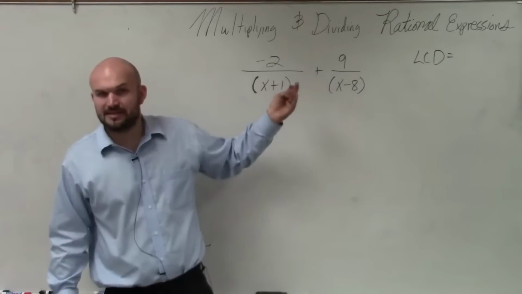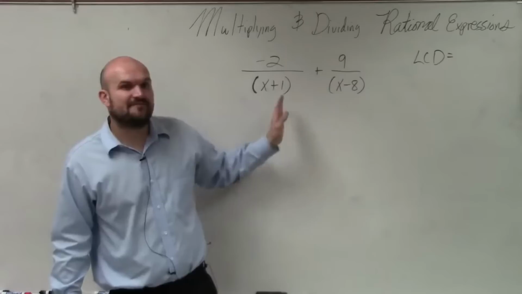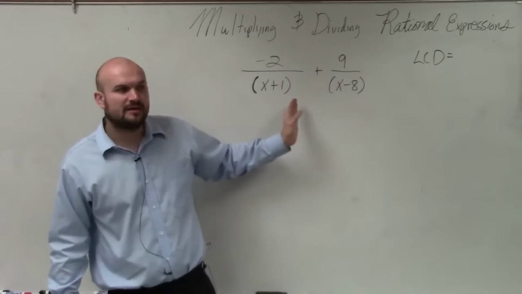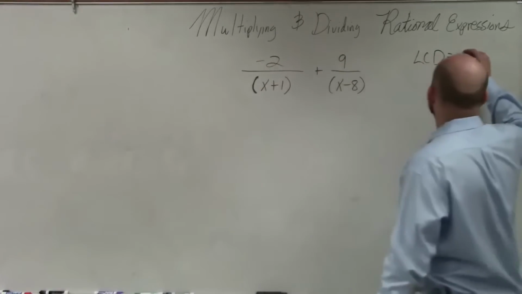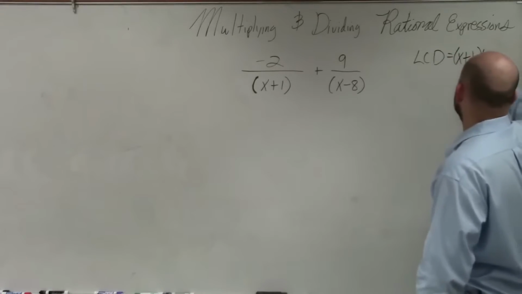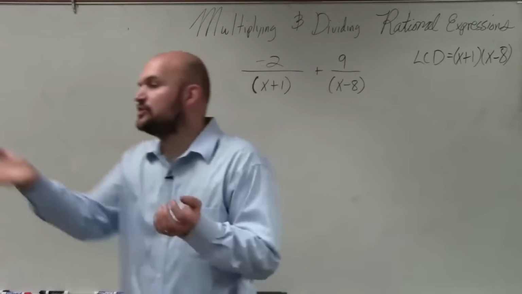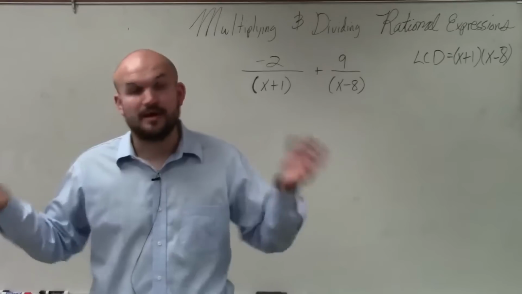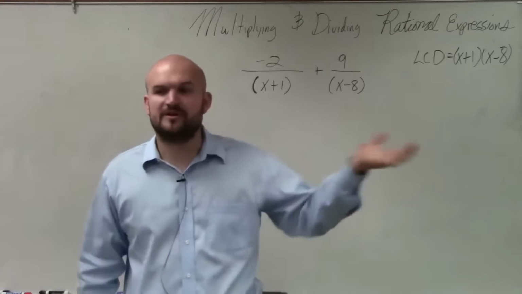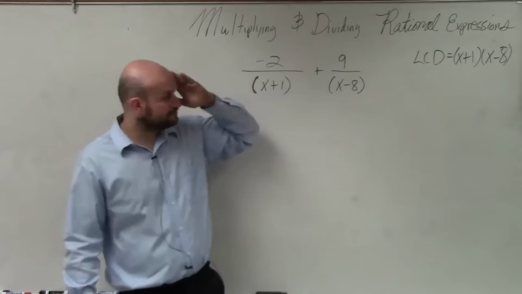Since it's not very apparent what they share, the common denominator they're both going to share is their product, which would be x plus 1 times x minus 8. So the LCD is simply their product, just like the LCD was 21, 3 times 7. Again, it's not always going to be that case, but very often it will. We're going to do an example next time where it won't.